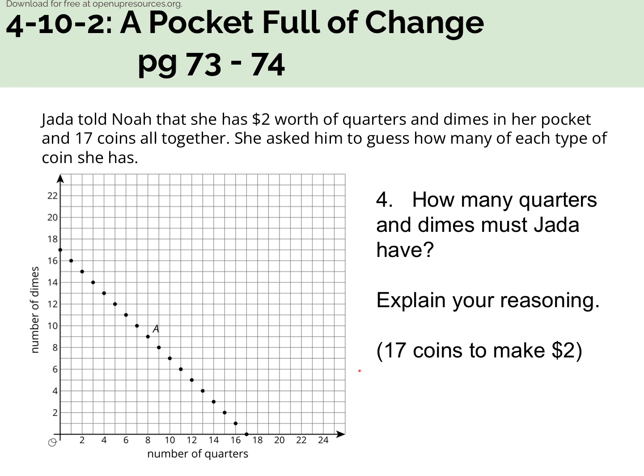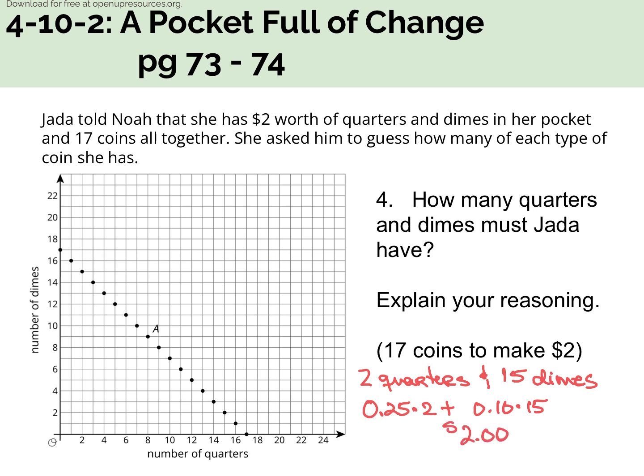I came up with 2 quarters and 15 dimes. Okay, so let's try that. Let's do 0.25 times 2 plus 10 cents times 15. Okay, let's put it in our calculator. So 0.25 times 2 plus 0.10 times 15. Yes, that does actually make the $2.